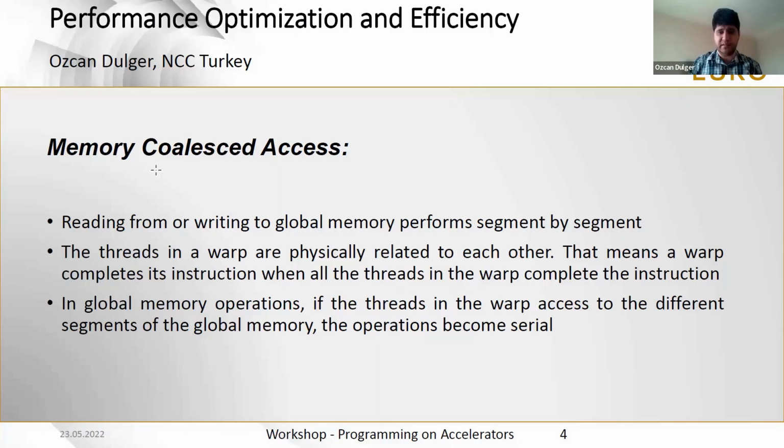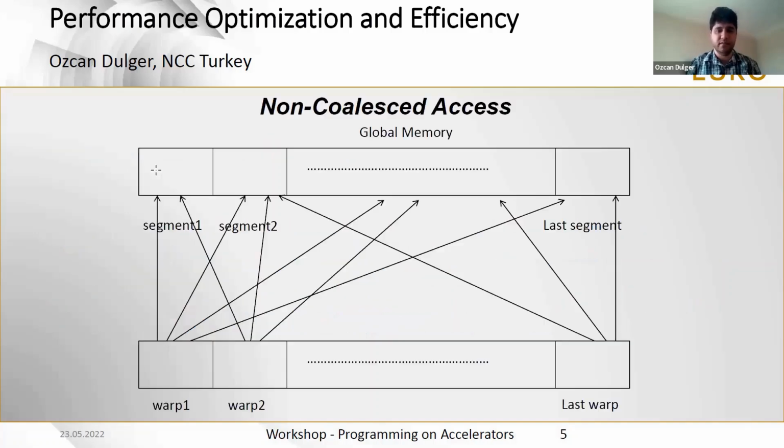This physically related means a warp completes its instruction when all the threads in the warp complete that instruction. In global memory operations, if the threads in the warp access different segments of the global memory, the operations become serial. Here is the picture of non-coalesced access of the global memory.